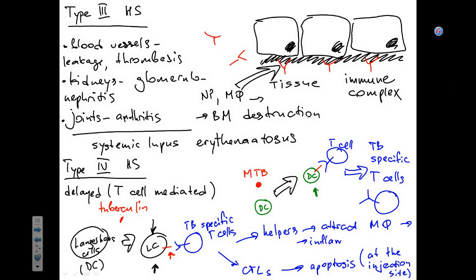And it's gonna increase inflammation at the injection site. Does that make sense? Now, it all contributes to the formation of the bump at the injection site. Does that make sense?